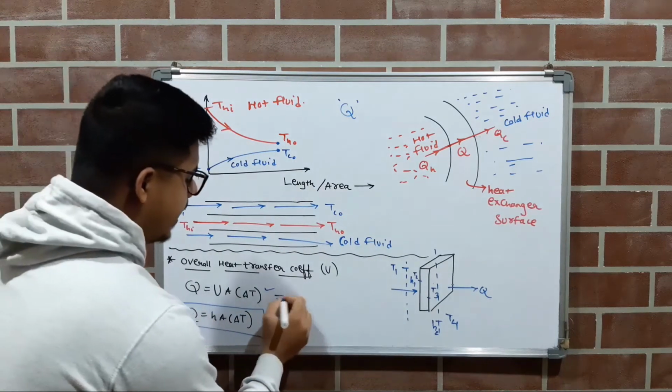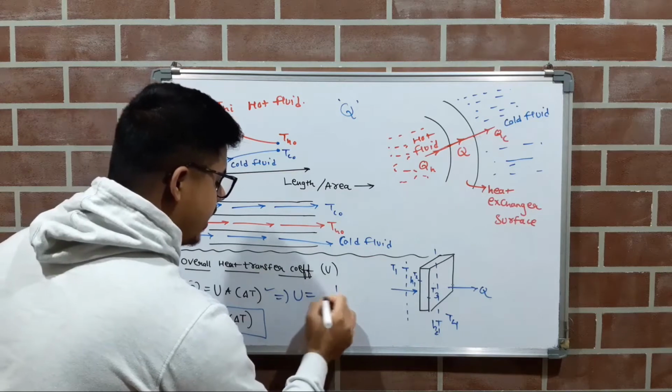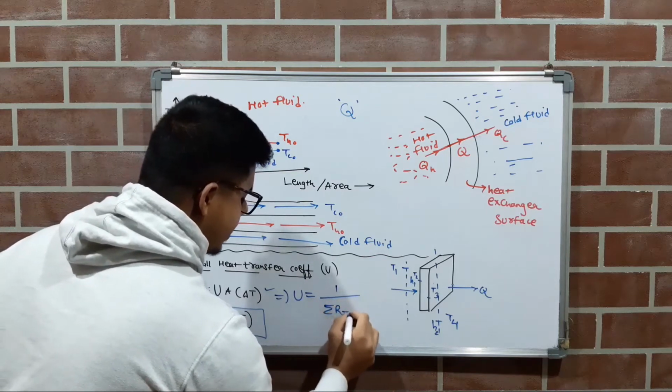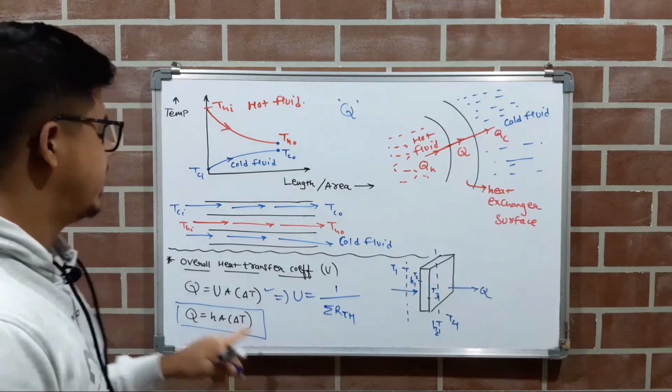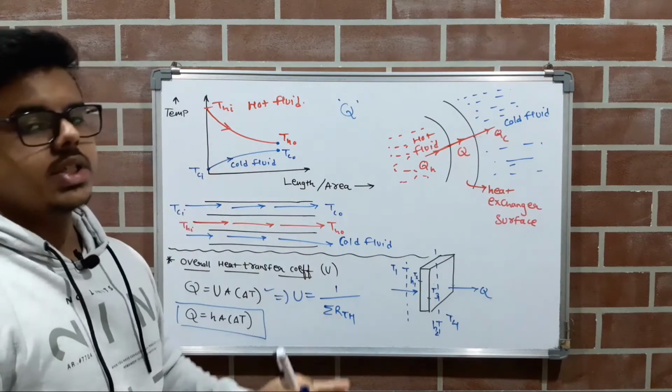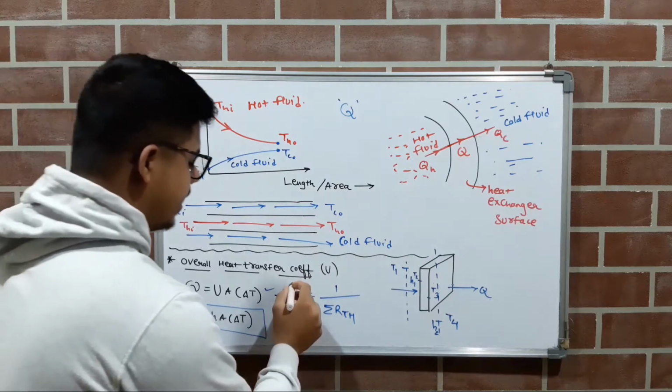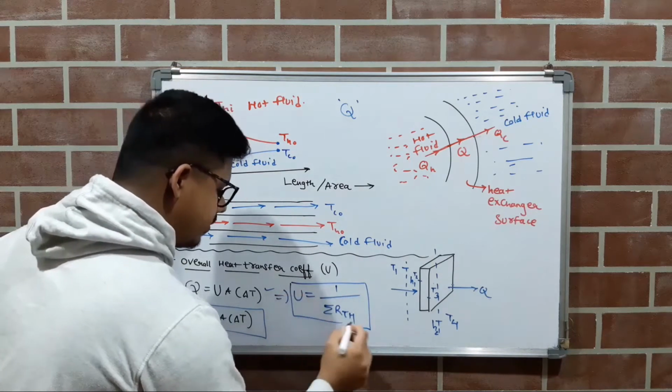U is equal to 1 upon the summation of R_th. The summation of R_th is the addition of all the resistances between the first temperature and the last temperature. So we can find U by this formula.